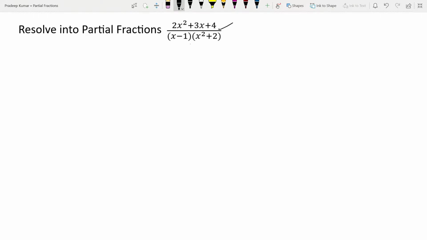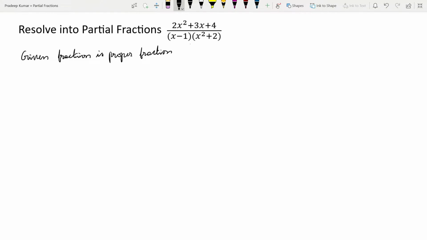As the numerator has the highest coefficient, the given question satisfies both rules: the x power is higher in the denominator and the coefficient of x is higher in the numerator. So the given fraction is a proper fraction. We'll write the statement: given fraction is proper fraction.